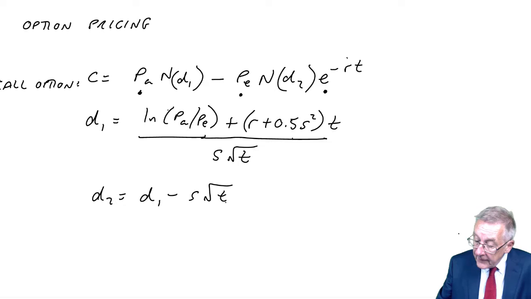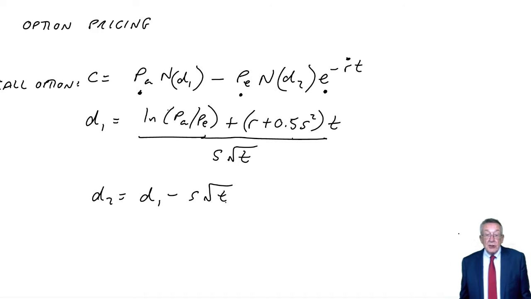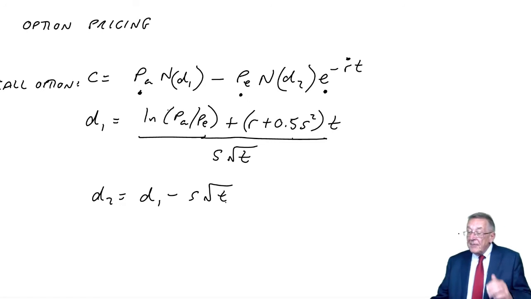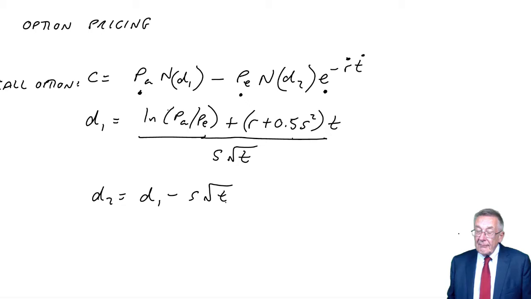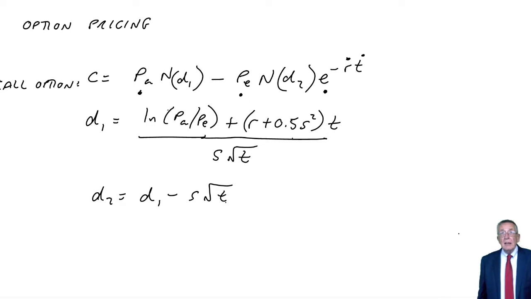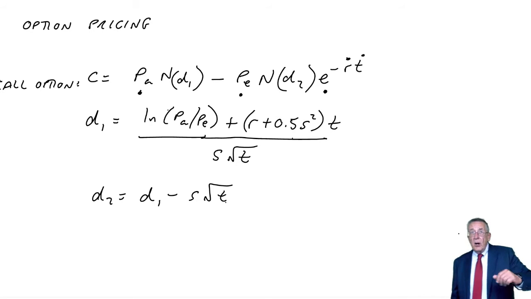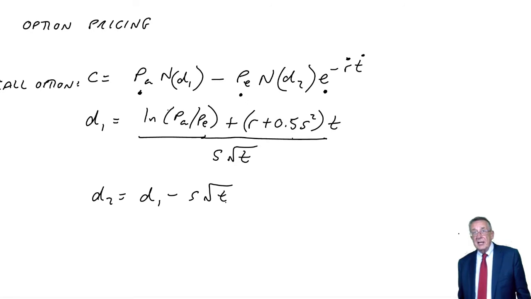R and T. R is the risk-free rate of interest. So if the risk-free rate is 5%, it's 0.05. T is the time to expiry in years. So if you can exercise the options in 3 months' time, that's 3/12, a quarter of a year, or 0.25 of a year.